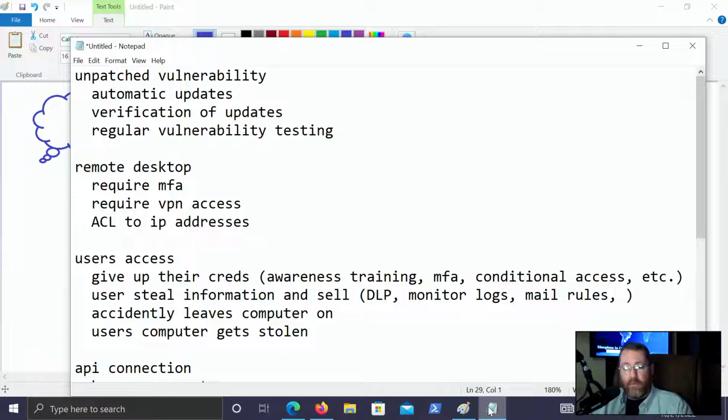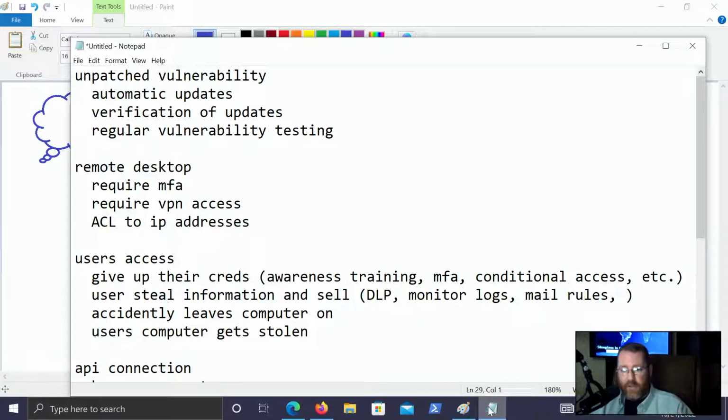Is it coming from a different country? Are they traveling? Are they using a VPN? MFA, or did they use MFA? Or was it simple authentication? Or did they use the MFA and they were able to get in? So these are the types of things that you should be pulling the logs off of.